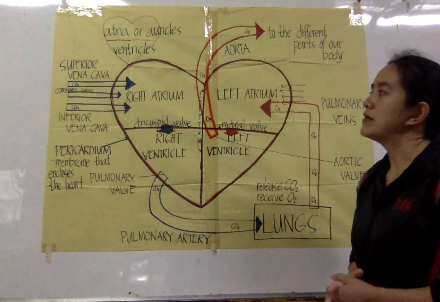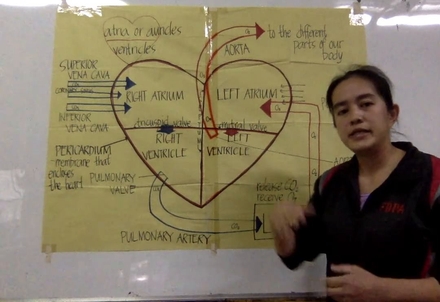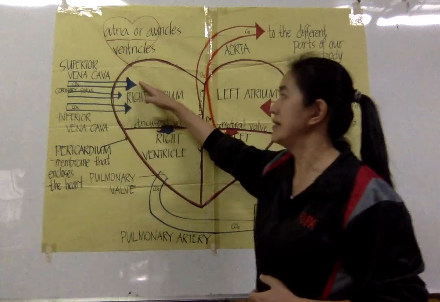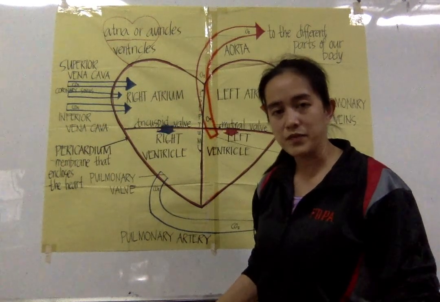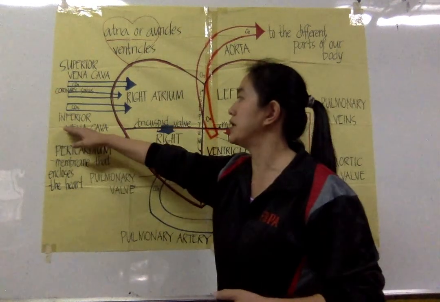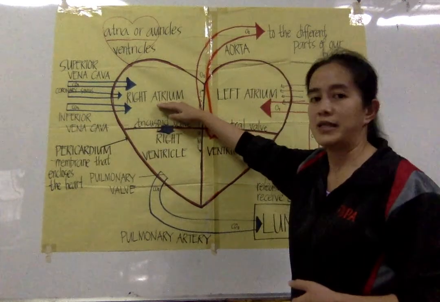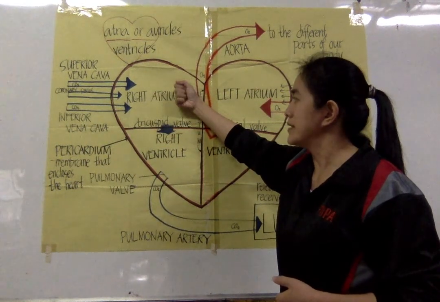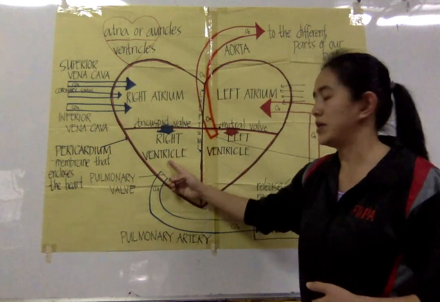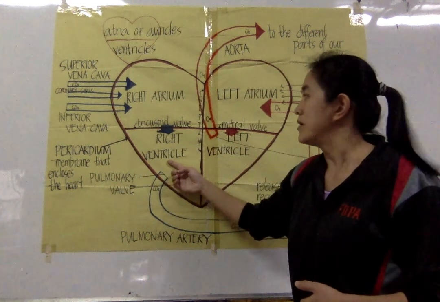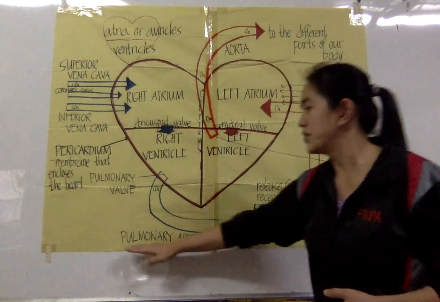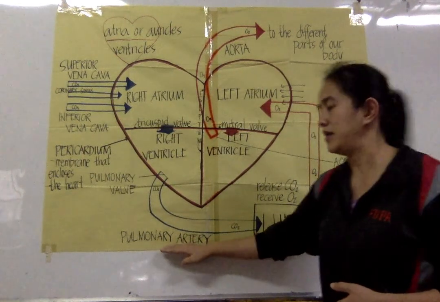Okay, I will repeat. Blood from the upper parts of our body will pass through superior vena cava. Blood from the lower parts of our body will pass through inferior vena cava, going to the right atrium. When this chamber contracts, the blood will go down to the right ventricle. When the right ventricle contracts, the blood will go to the lungs through the pulmonary artery.